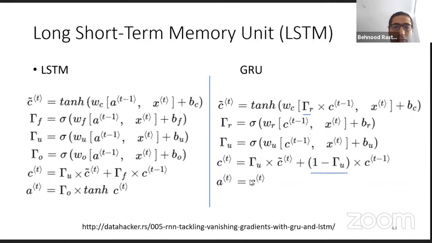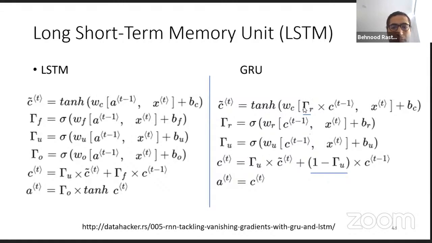So note that for GRU, AT and CT were equal, but here for LSTM, AT is different, and therefore instead of CT minus 1, we need to use AT minus 1. And also, we don't have these relevance gates anymore.